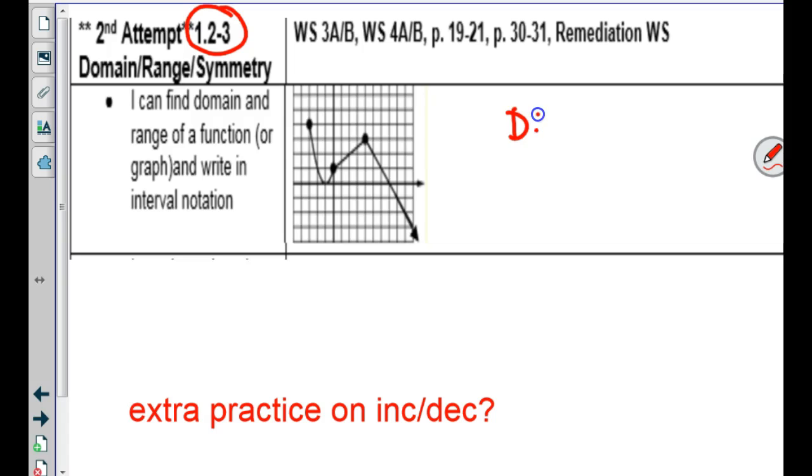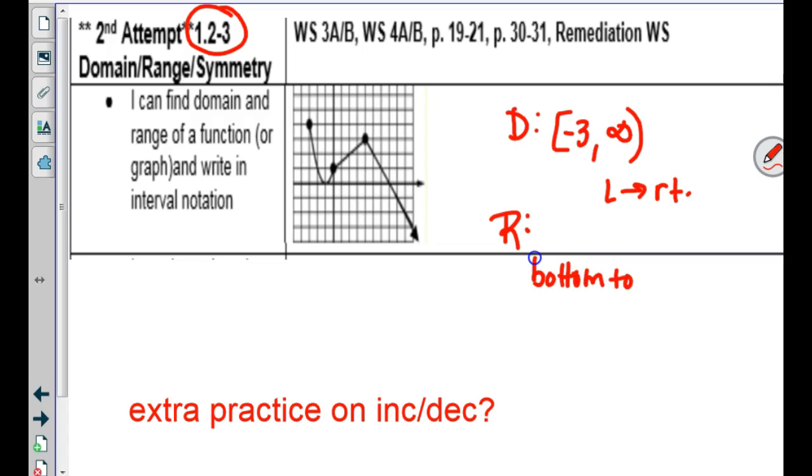Domain is left to right, and range is bottom to top. Its bottom is going down forever, and the y value up here is 4.